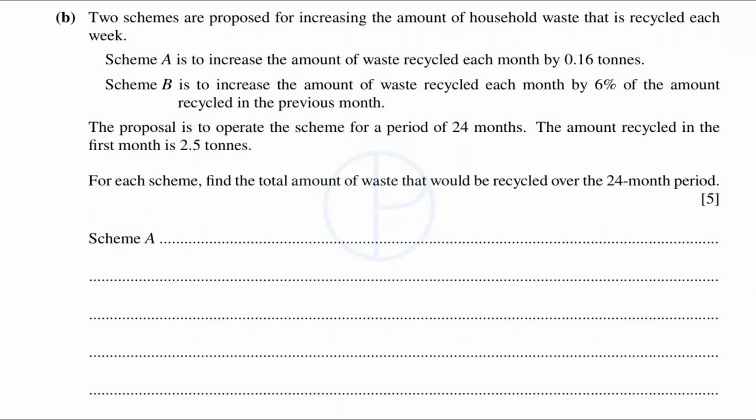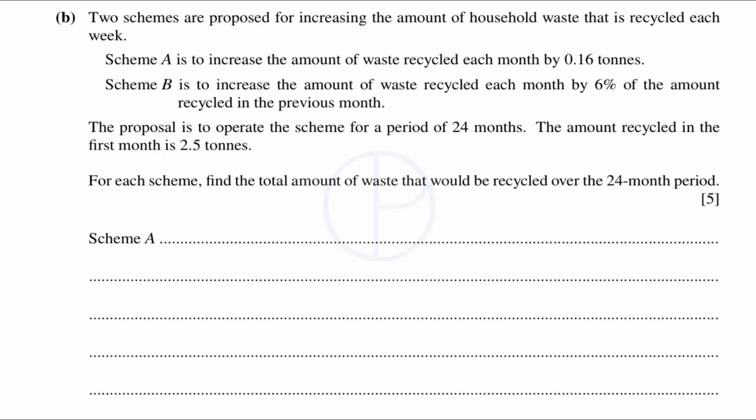The B part is a little bit tricky, so we have to do it carefully. Two schemes are proposed for increasing the amount of household waste that is recycled each week. Scheme A is to increase the amount of waste recycled each month by 0.16 tons.